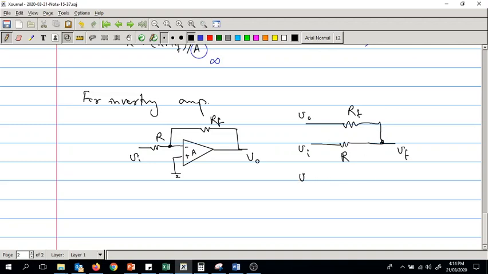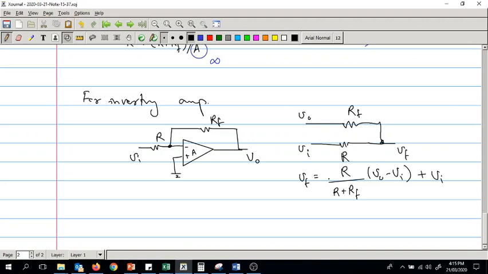So VF is actually the voltage divided version of V out and VI, right? So that's actually R over R plus RF times V out minus Vi plus Vi, right? So that's Vf. Now that makes it a little difficult, right?